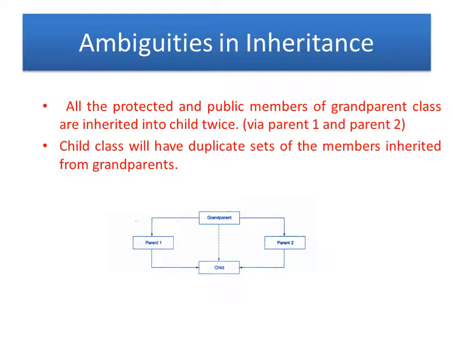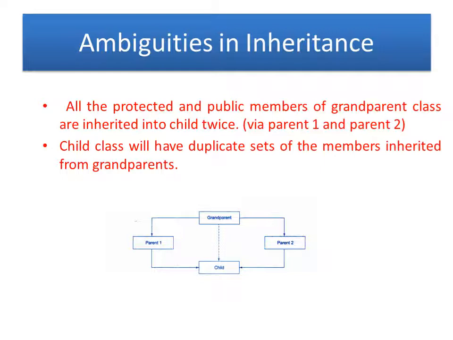In turn, if these two act as base classes for my child class, this child class will be holding the duplicate set of data members present in parent 1 and parent 2. This leads to wastage of memory, and again more ambiguities in finding the appropriate data.